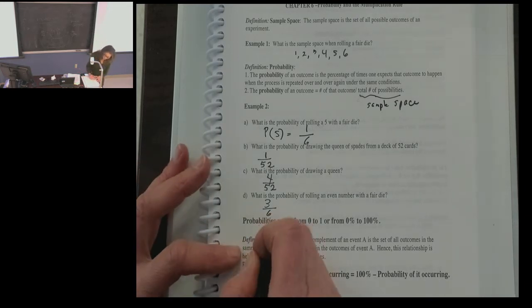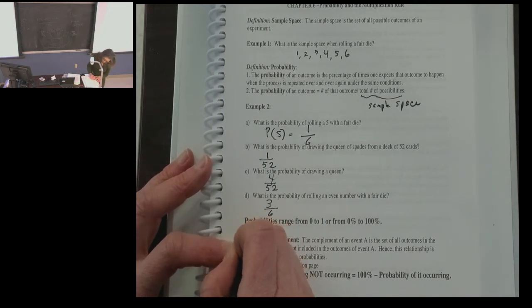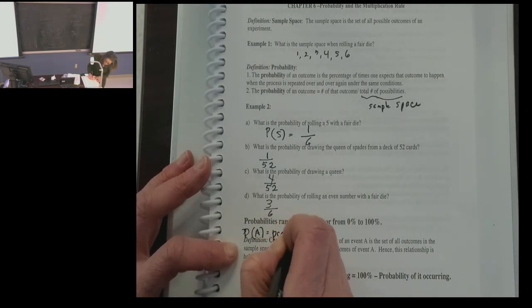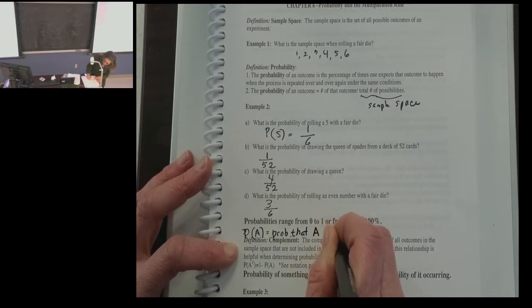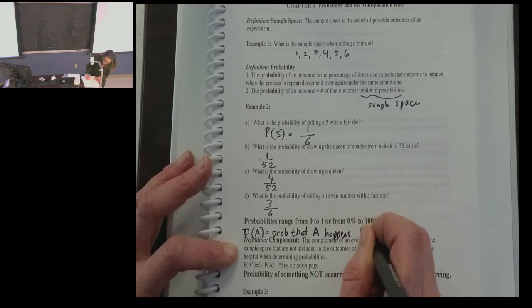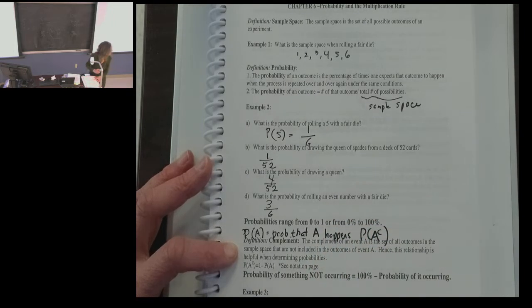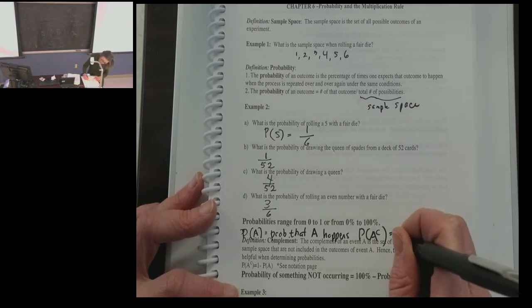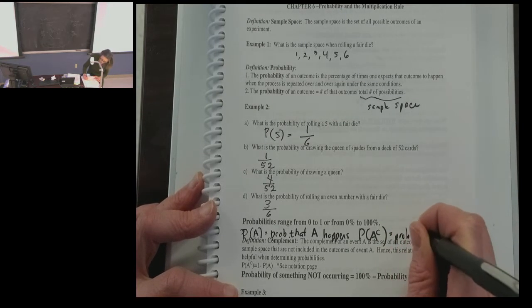So basically, the probability of A is the probability that A happens, and the probability of not A, which we call A complement, either happens or it doesn't, is equal to the probability that A doesn't happen. Pretty simple.